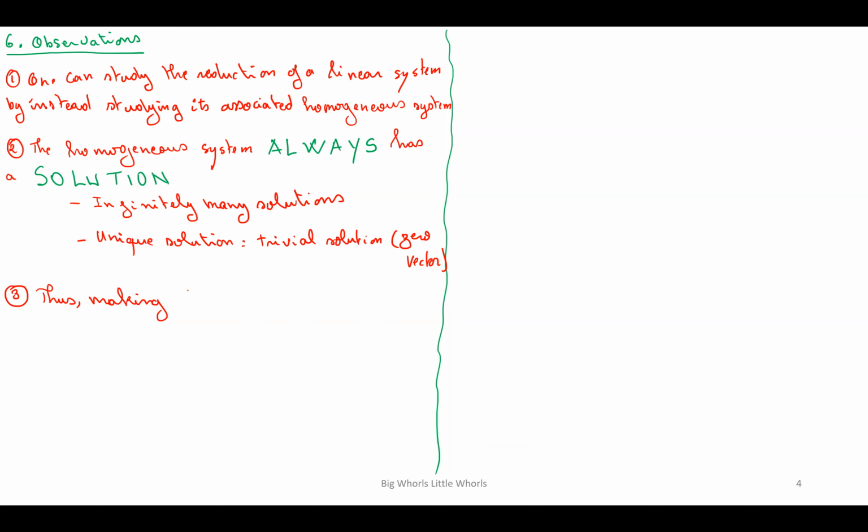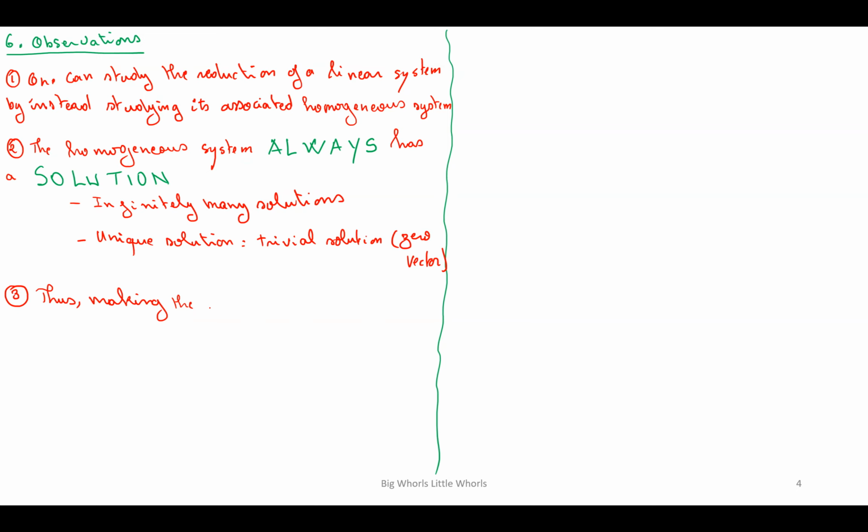Because non-homogeneous systems can have some inconsistencies since they can have no solution. So there is some inconsistency and some difficulties related to the fact that there is a possibility that they have no solutions. But when it comes to a homogeneous system, it always has a solution. So it's easier and better to study.